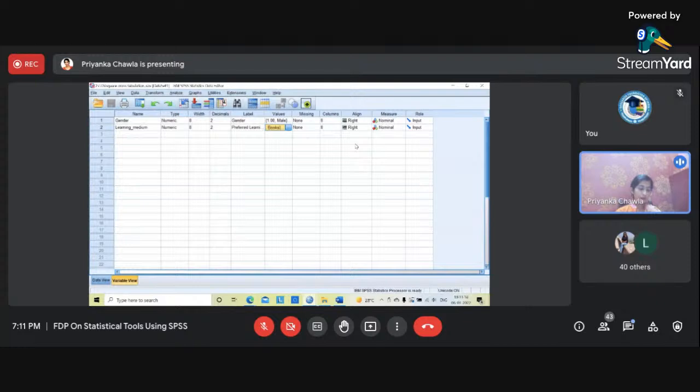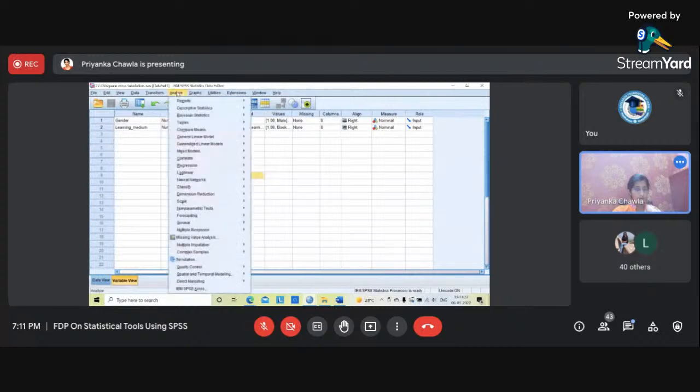Now, how to find out? We have to apply this chi-square association, not chi-square non-parametric. We are talking about chi-square association, so the path will be different. Go to Analyze, go to Descriptive. Under Descriptive, you can see Crosstabs. Just click on this.